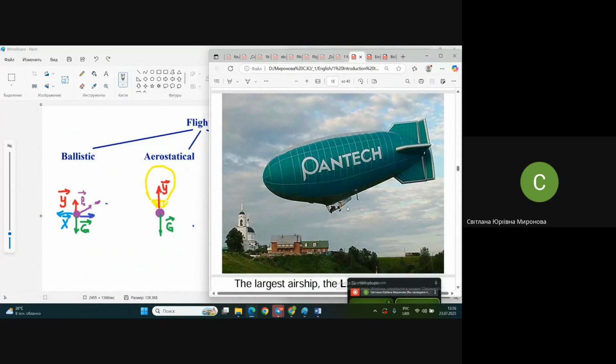One more interesting type of aircraft is the dirigible, very popular at the beginning of the 20th century, as I tried to explain to you, and next practically taken out of operation for specific reasons. But now interest in this type of aircraft has appeared again. They are also hybrid aircraft.